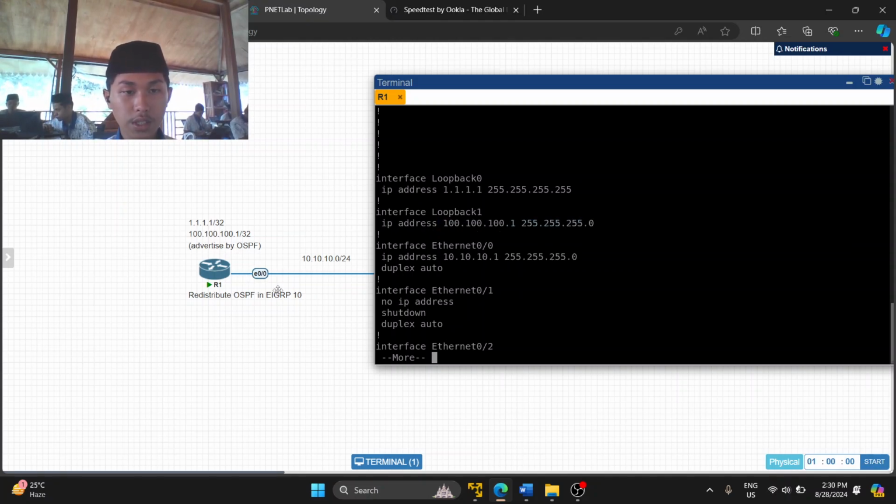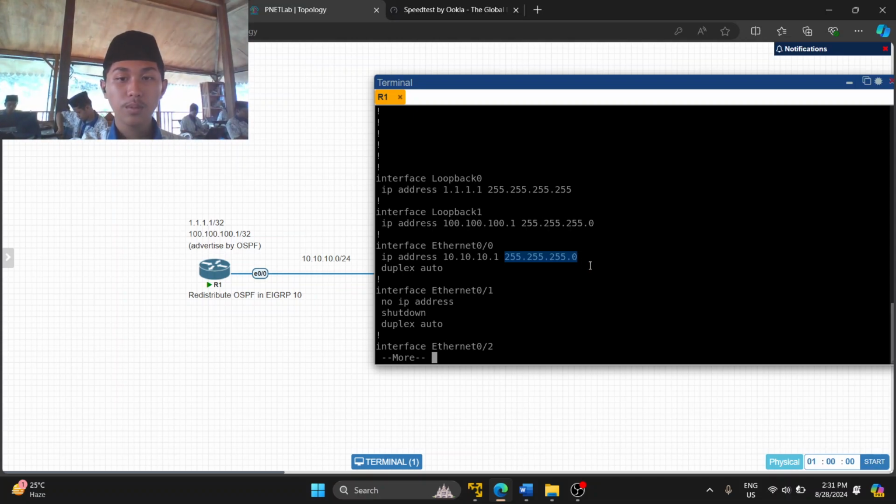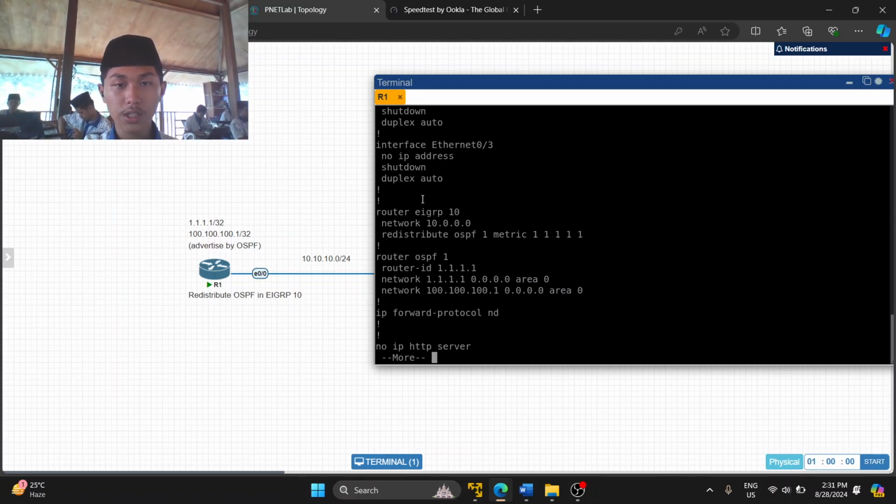Then interface E0/0 uses IP address 10.10.10.1 with the prefix /24. The subnet is 255.255.255.0. Then we can see here for the routing protocol, we have EIGRP with the autonomous system 10.